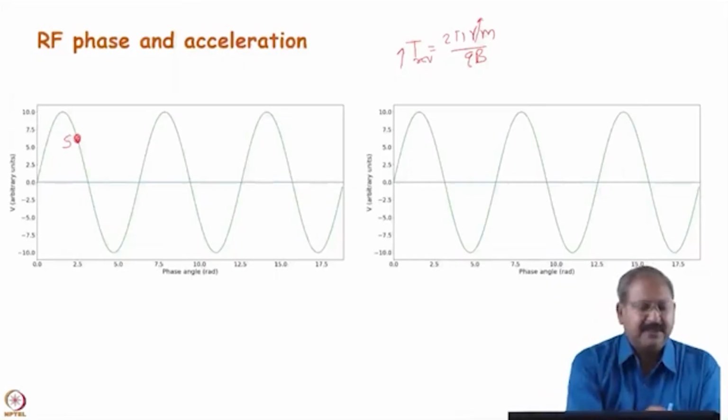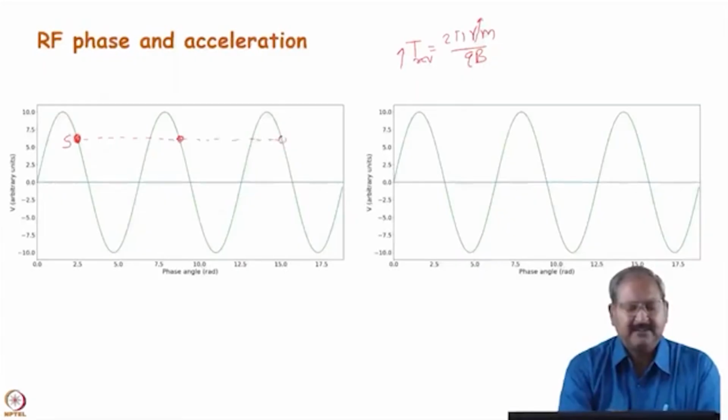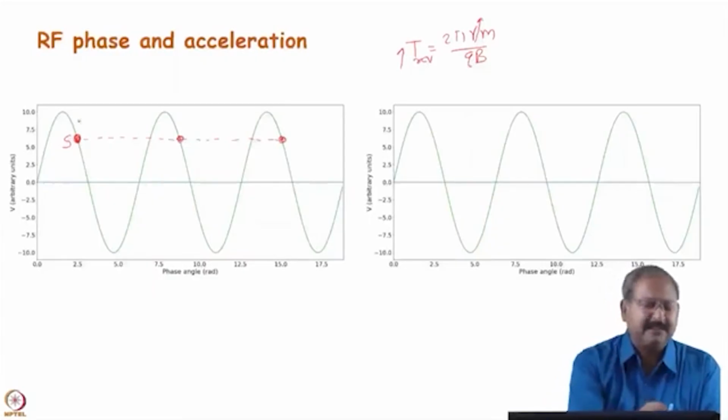So after one RF cycle, this synchronous particle will reach the same phase here, and again after one turn, it will reach the same phase on the next cycle also. Now consider two more particles which initially have the same energy as the synchronous one but are deviated in phase. Say one particle is here, 1, and the second particle is here, 2.